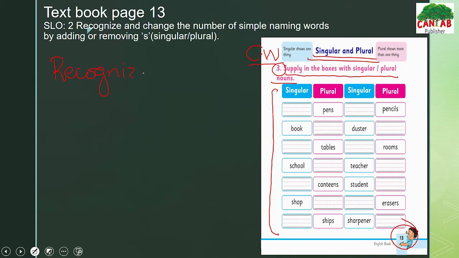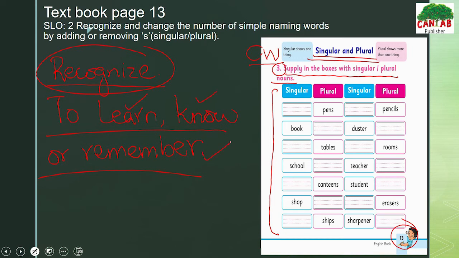The word recognize means to learn, know, or remember. The meaning of the word recognize is to learn, know, or remember.